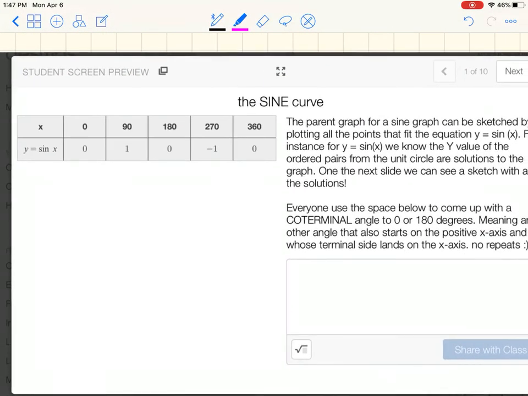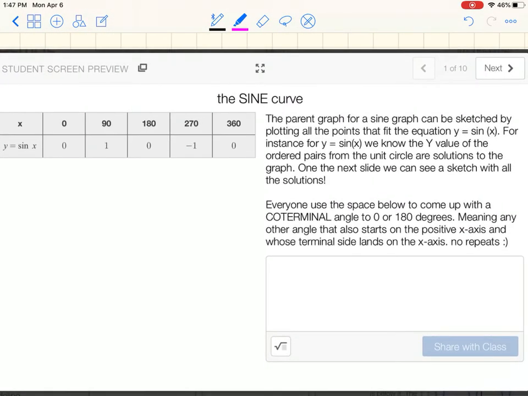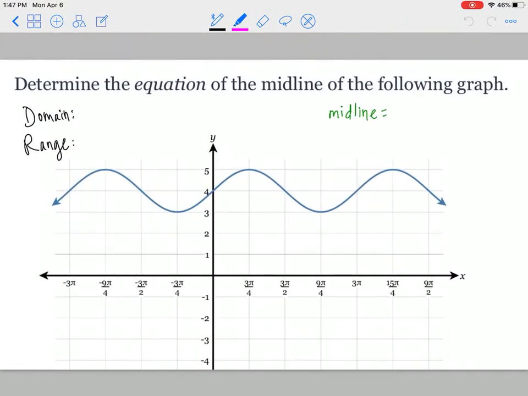Now in your student.desmos assignment, this is your first question. Basically, you're just reading about how to create the sine curve. These are also the same ordered pairs off the unit circle. And then there's a review question about coterminal. So hopefully you remember what coterminal means as you do your Desmos. Now, in addition to the student.desmos, there's going to be a Deltamath on this to practice.